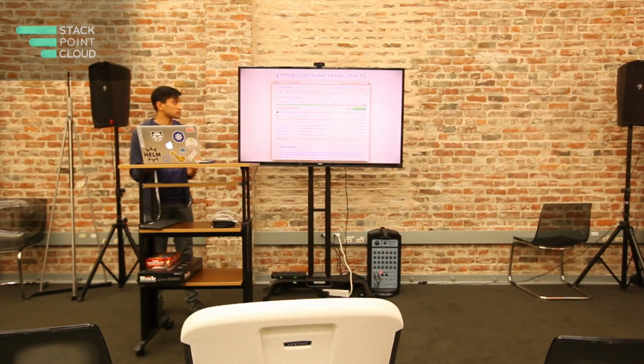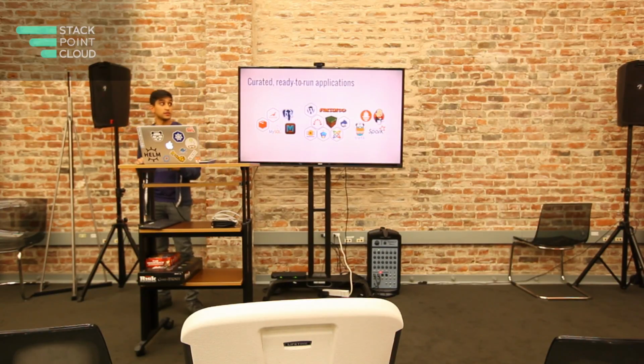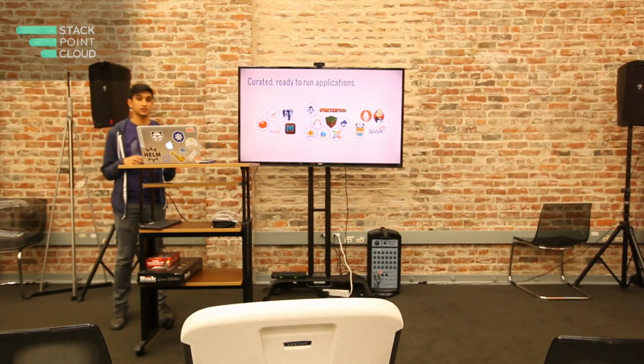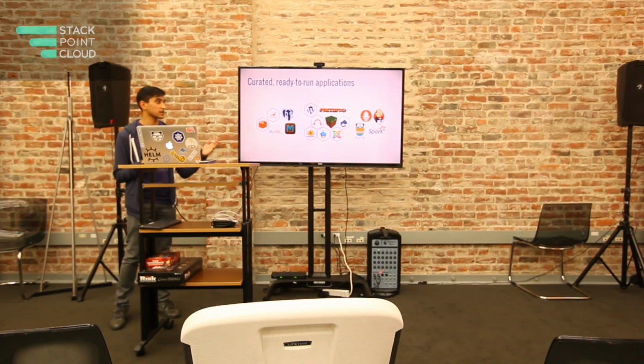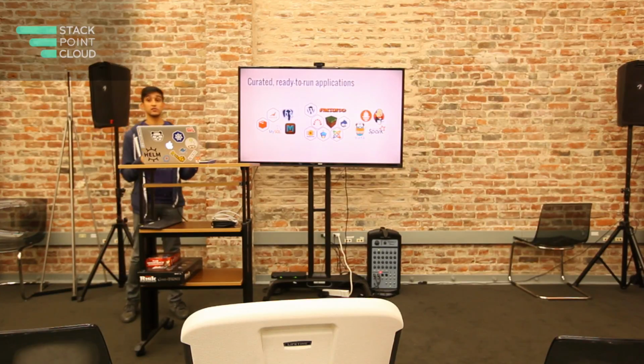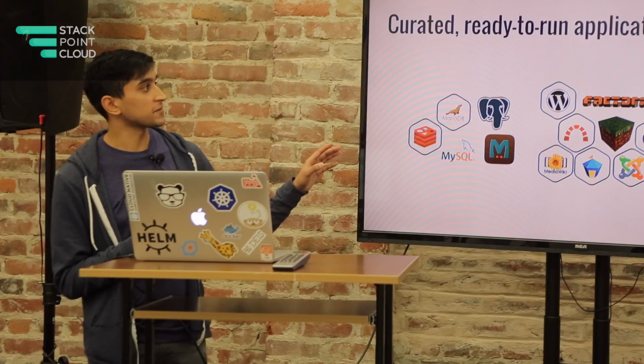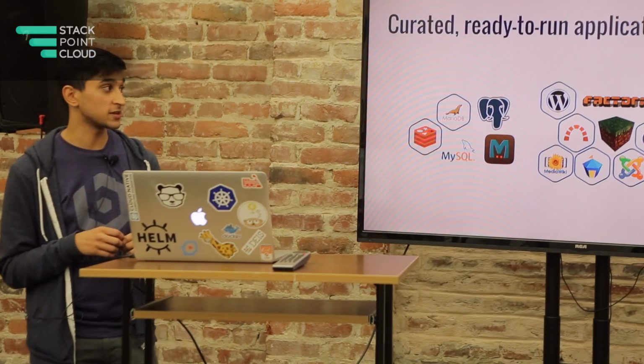Then there's the stable repository, which really is just a place for curated and ready-to-run applications. It consists of things like databases, applications, and more integrated setups for your cluster, like Jenkins or Prometheus. Actually, I think this is a bit out of date. We have a few more charts in the stable repository now.